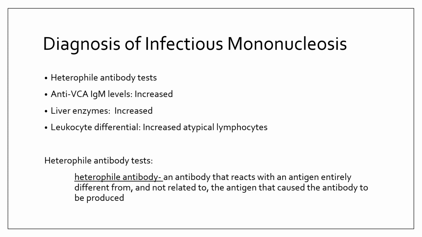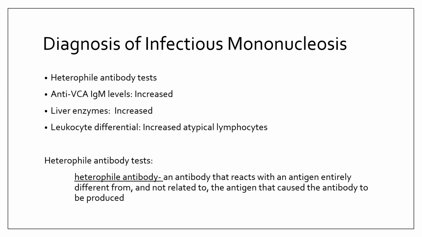One of the best and quickest ways to diagnose infectious mononucleosis is by doing the heterophile antibody tests. A heterophile antibody is an antibody that reacts with an antigen entirely different from the antigen that caused its production. And we're going to do the heterophile antibody test in lab. Also, we can look for the antibody anti-VCA IgM.